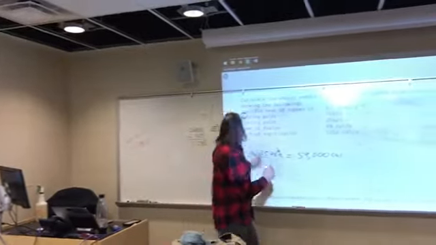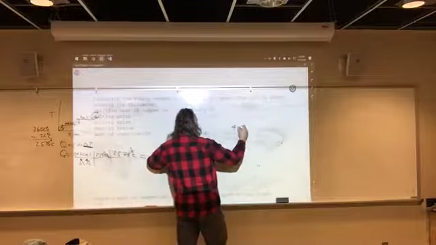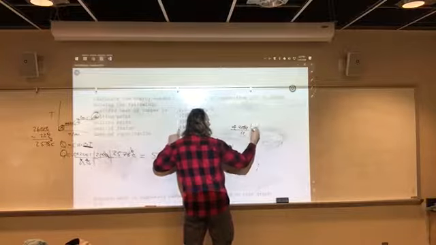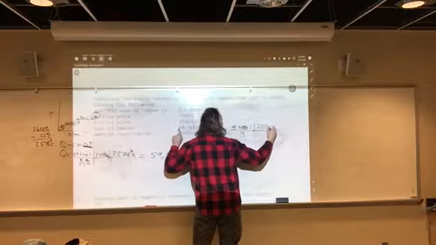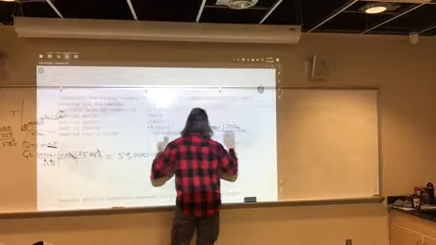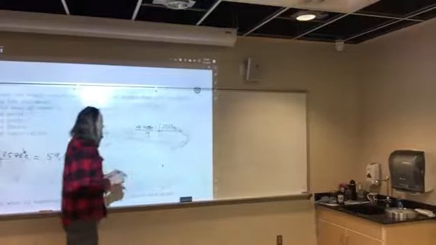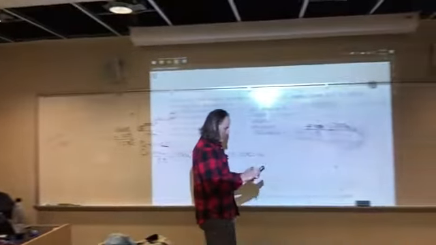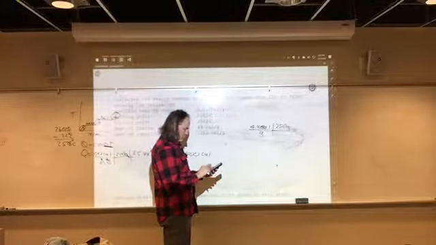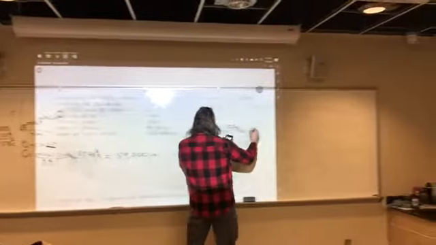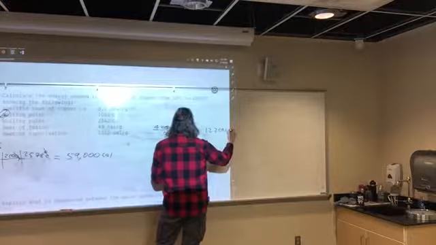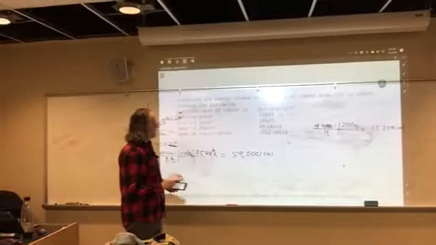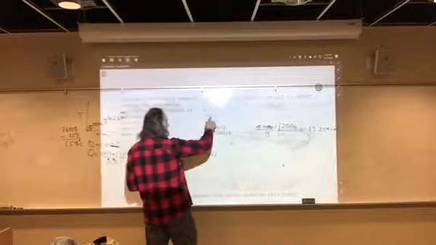So to melt this, I'm going to take 49 calories for every gram of copper, and I've got 250 grams of copper. So that's going to give me a Q value. What is 49 times 250? 12,250 calories to melt this solid copper once I've gotten up to 1,085.